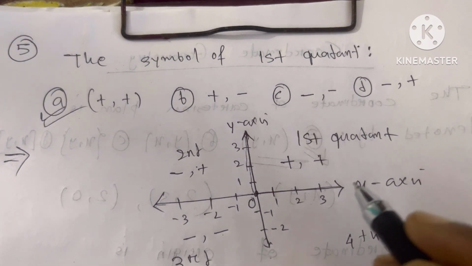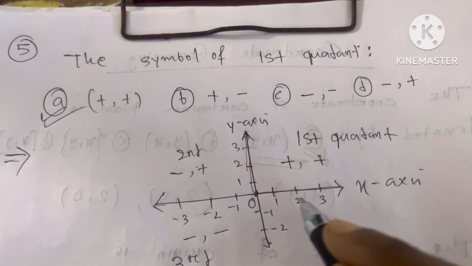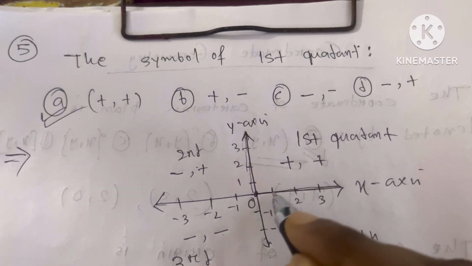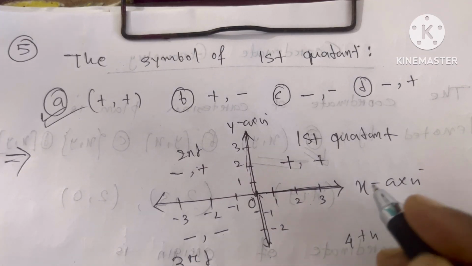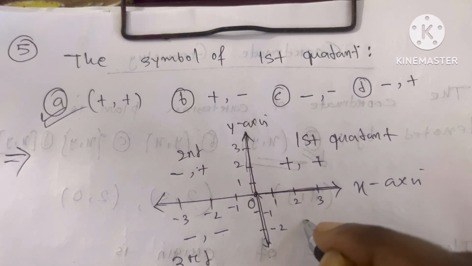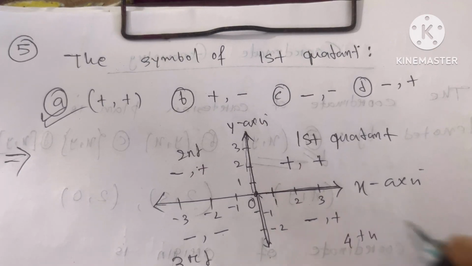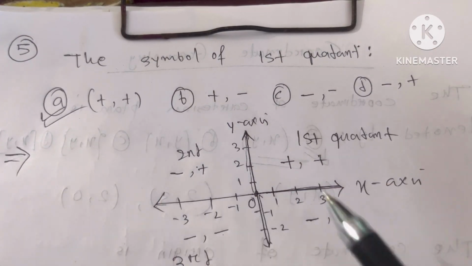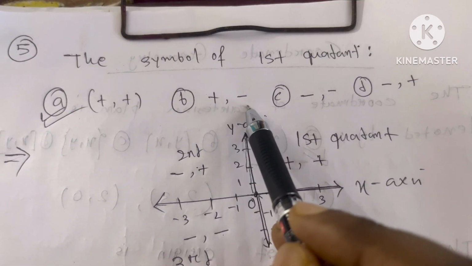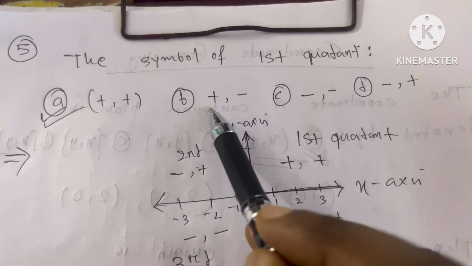Yes or no? Similarly, the fourth quadrant is in between which two axes? Positive side of x and negative side of y. So the symbol of the fourth quadrant will be plus, comma, minus. And the symbol of the first quadrant will be plus, plus. So plus, minus is the symbol of which quadrant?